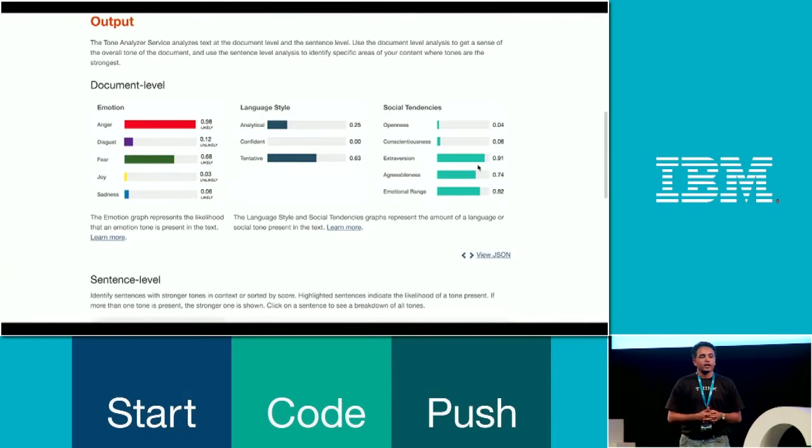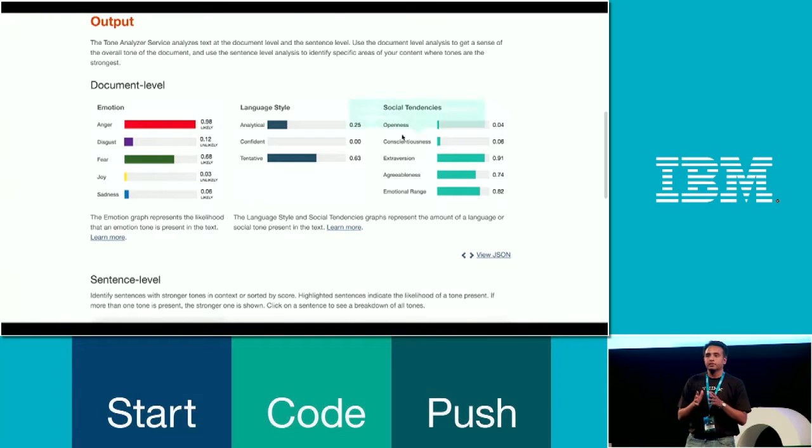Like you just see, I've got three kinds of information related to the tone of this conversation. The most important part of this information is the five emotions present in this whole conversation.